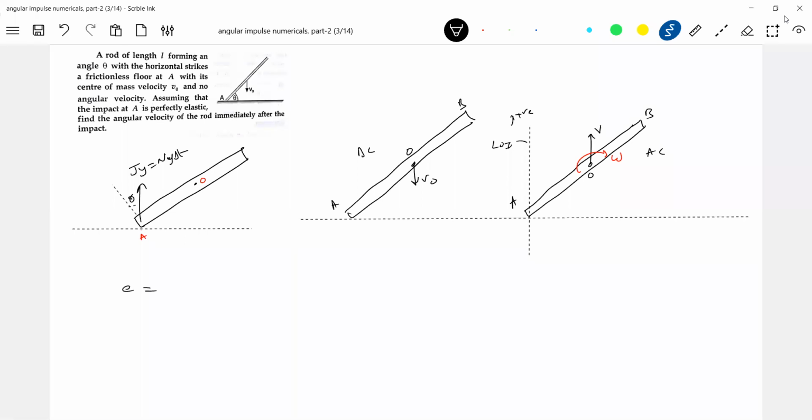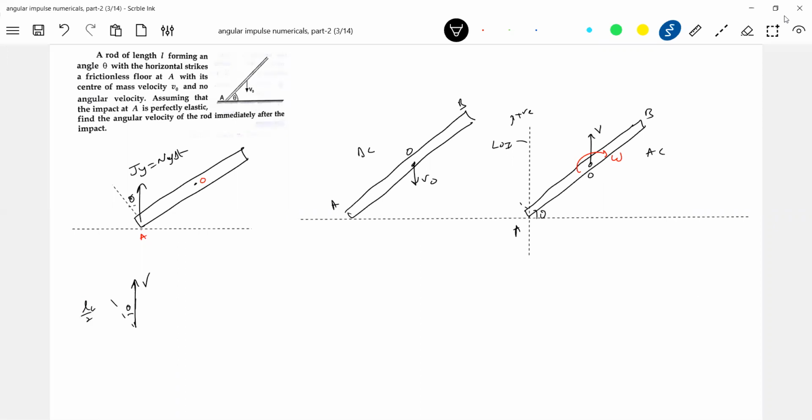What is the velocity of rebound? It will have two velocities. One is v and another is, okay, I think I'll keep this, we'll write it roughly here. So one velocity will be v. The other velocity will be, this is theta, this will be the tangential velocity.